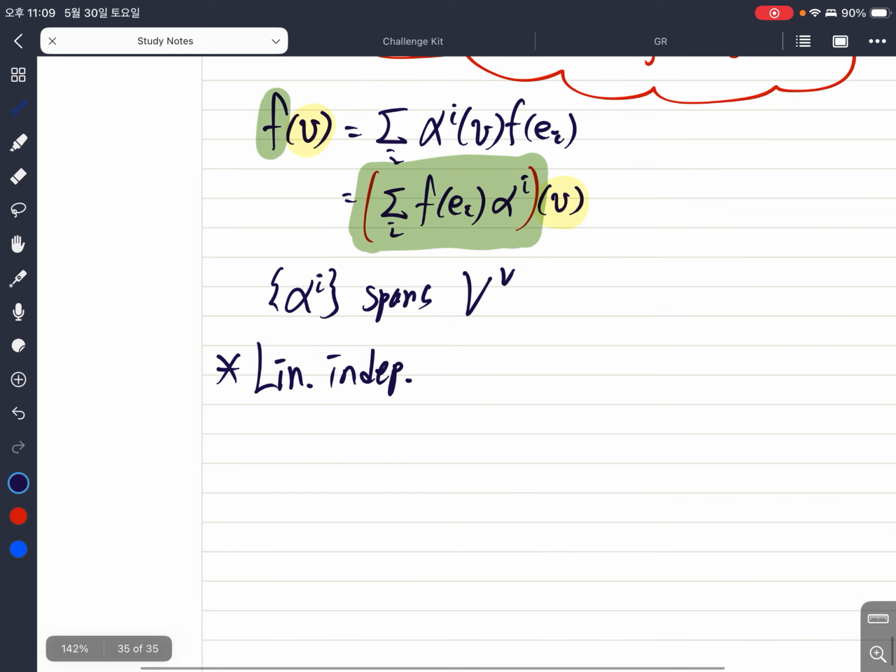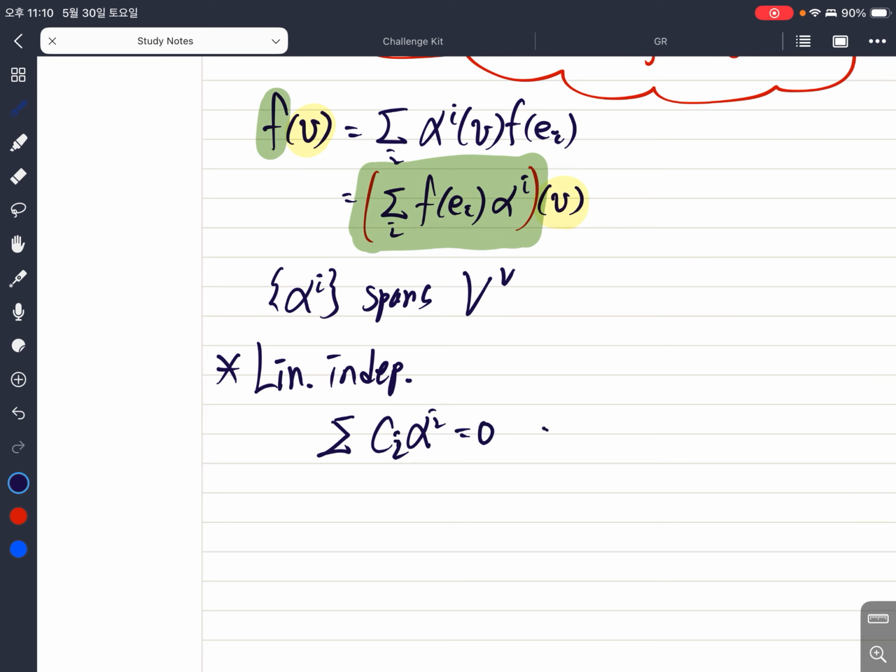Linear independence is just the linear combination. Let us write c_1 alpha^1 plus that. Let us write the summation symbol. So if the sum c_i alpha^i is 0, this implies c_1, c_2, everything up to c_n is 0, with i from 1 to n.